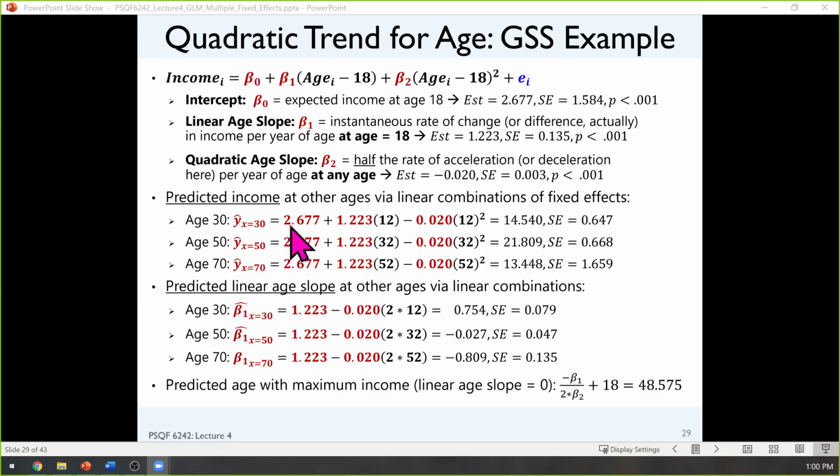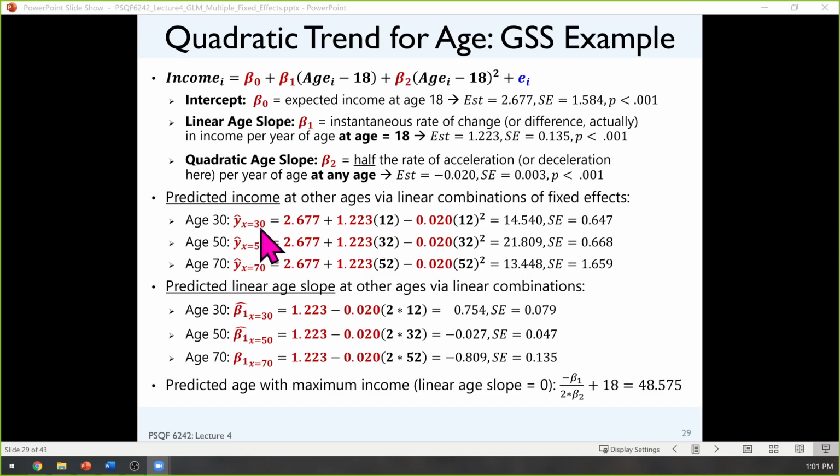So filling in the values of these coefficients, I start with the fixed intercept of 2.6 to create a predicted income, which is my outcome variable, at any age. I fill in the sample estimate for beta 1 right here, multiplied by the value of centered age that I want the prediction for.